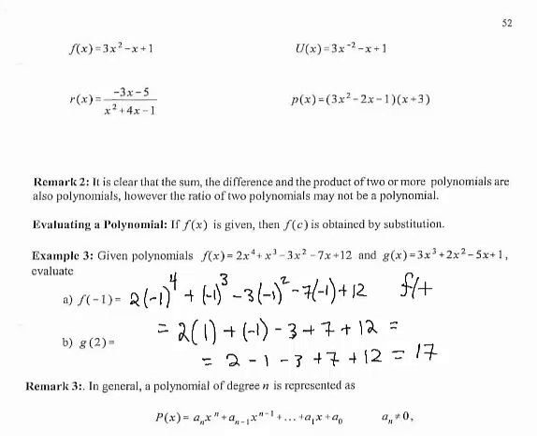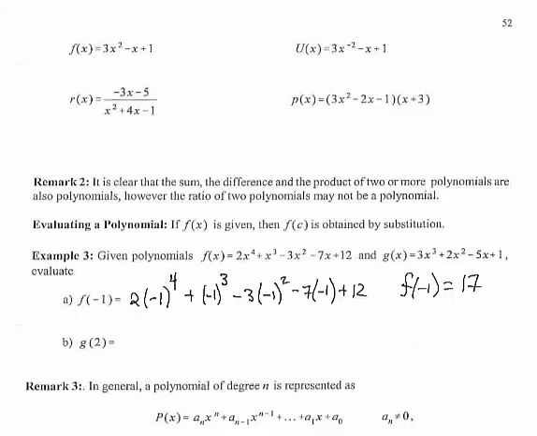So f of -1 equals 17. We have seen that many times before. We simply replace the variable with the number that we're given inside the function notation.